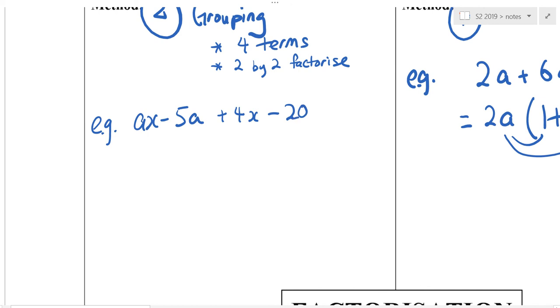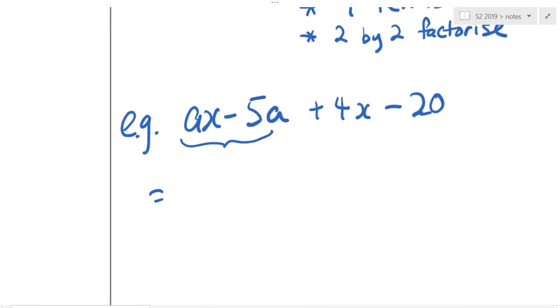Question, is this 4 terms? Yes. So I will factorize 2 by 2. So usually what I do is I will literally draw a bracket. And what do I factorize out first?